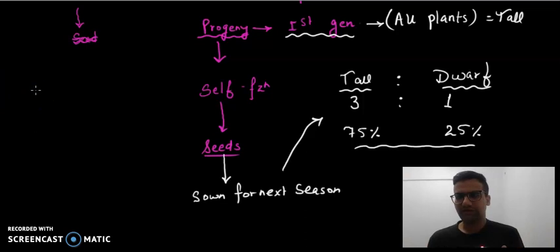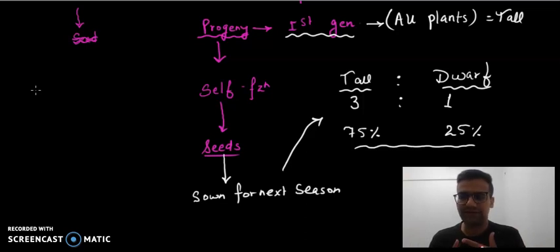This was the cross with respect to only one character. He performed crosses for all the characters, and similar results were obtained for all 7 pairs of characters. So this was the Mendel experimentation part, performed in 3 steps.